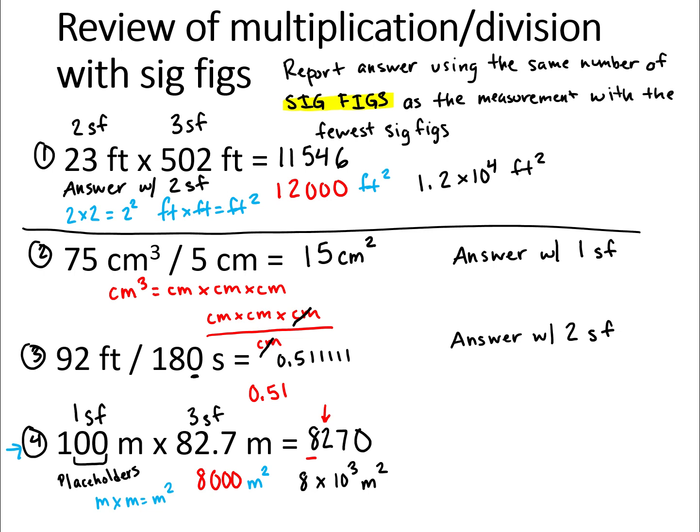With our units, we've got feet on top and seconds on the bottom. None of that cancels, so you just have feet per second. Now I'll give you a problem.